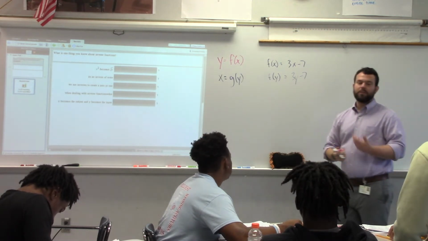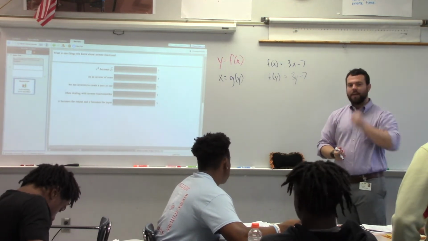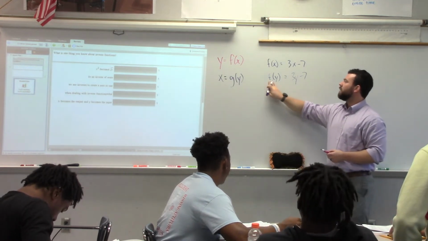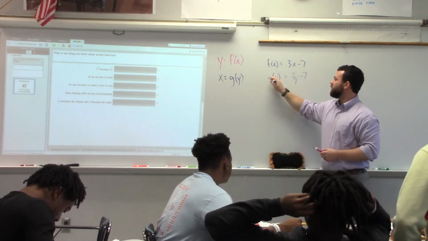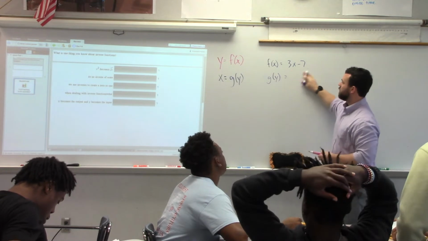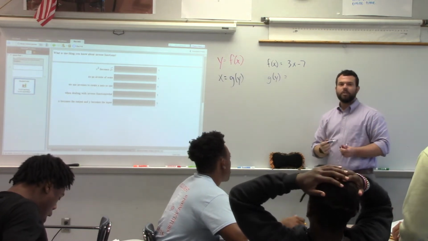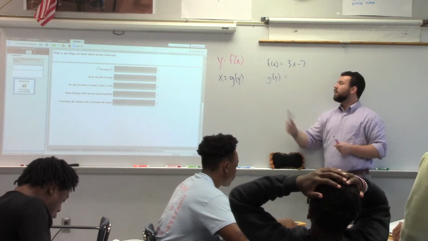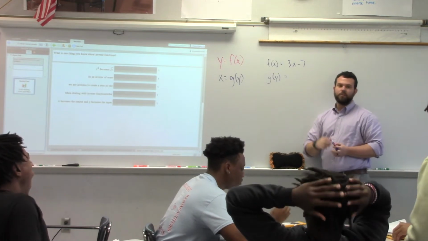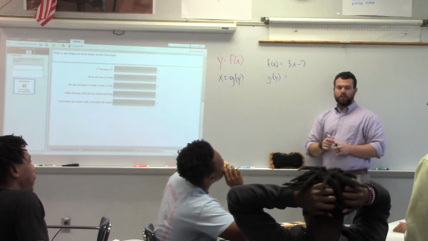So that doesn't give me the inverse function. That just has y as the input. For the inverse, we need a truly different function. The f and the g define what the function is. What's on the inside just tells me what the input is. Does that make sense?